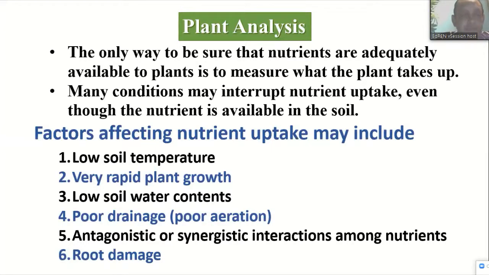If the soil temperature is low, the plant cannot take up nutrients properly. If we analyze the plant at that time, it may show the nutrients are inadequate, but actually nutrients are present in soil. The plant cannot take them up due to some adverse situation, for example, low soil temperature, very rapid plant growth, low soil water content, and poor drainage.